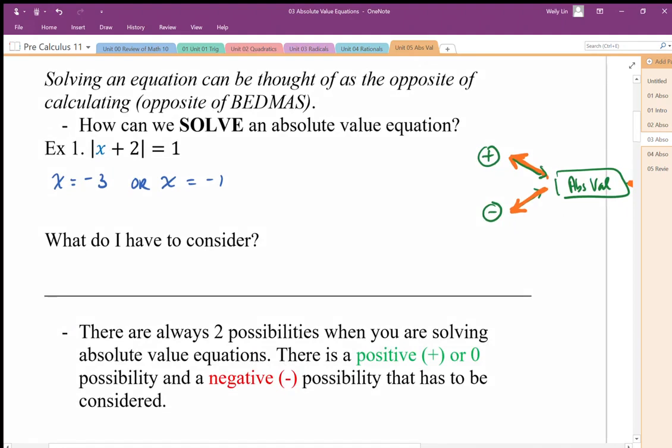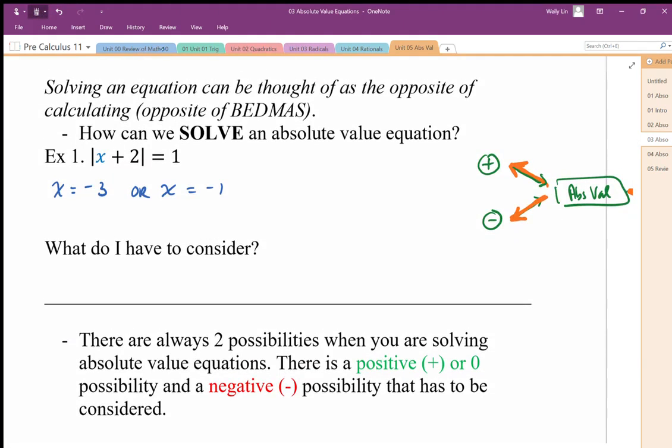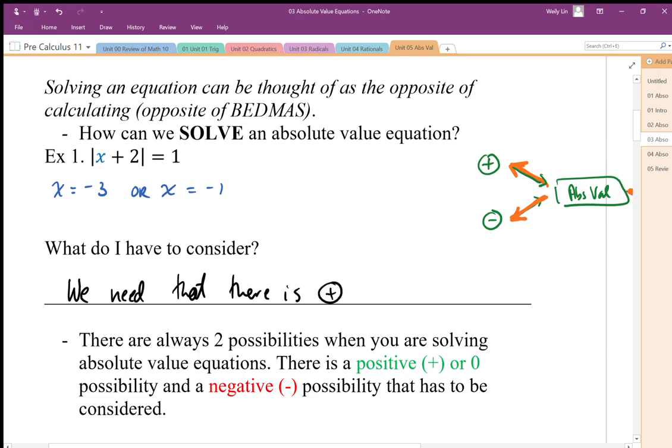Absolute value does something to positives and negatives, so we need to consider that there are positive and negative possibilities.